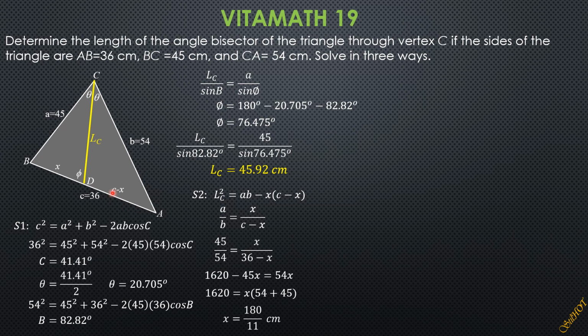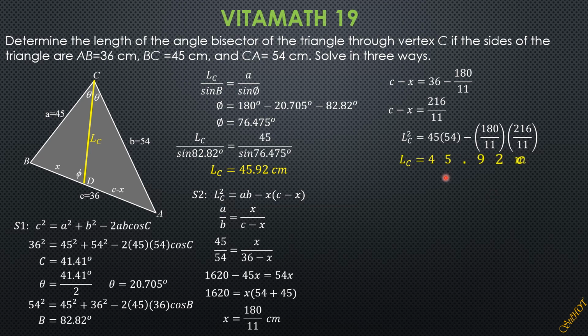Then C minus X is 36 minus 180 over 11, and C minus X is equal to 216 over 11. Substitute into this equation: L sub C square equals 180 over 11 times 216 over 11. So using your calculator, extract the square root. L sub C is also 45.92 centimeters.